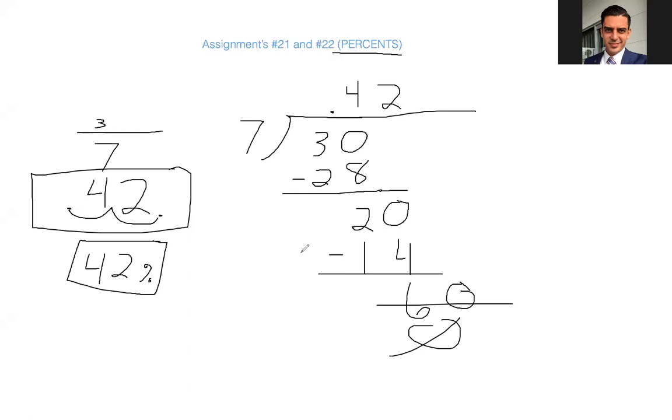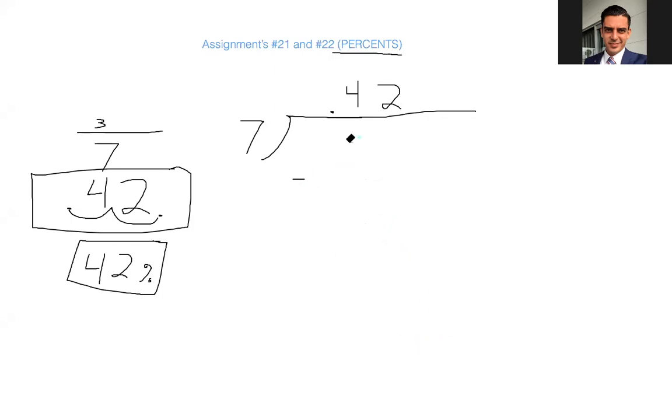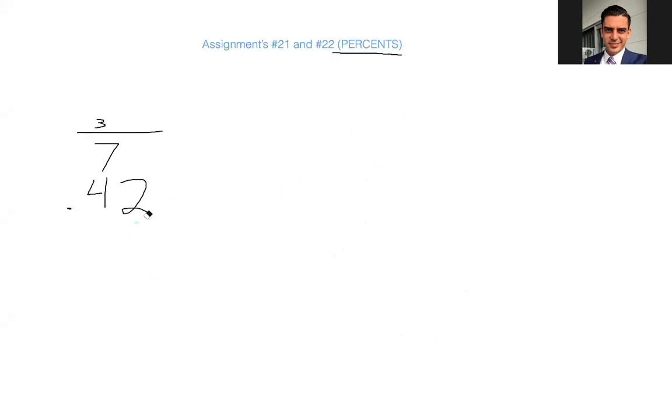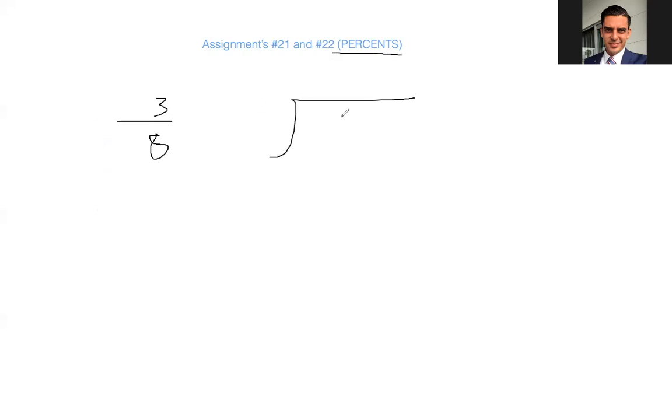Okay, so let's do one more of these examples. So let's do this one, 3 over 8. This is a question that's going to be on assignment 22. So 3 over 8. 3 goes inside here, 8 goes out here.